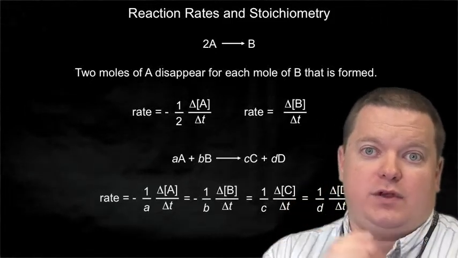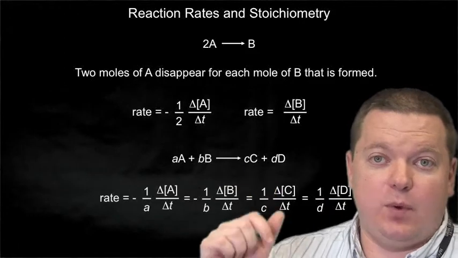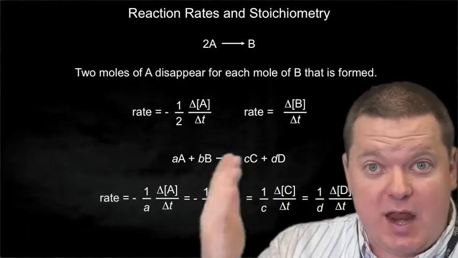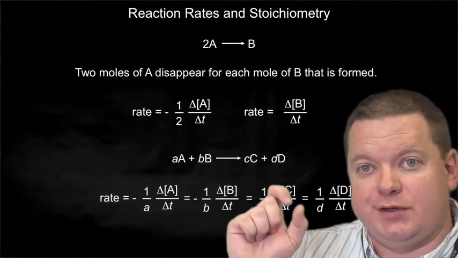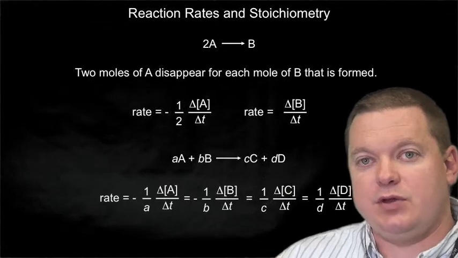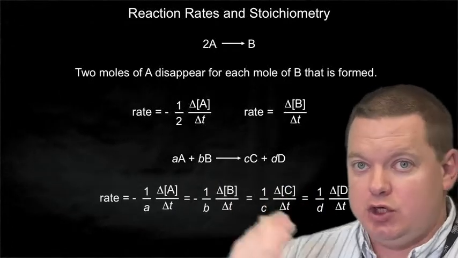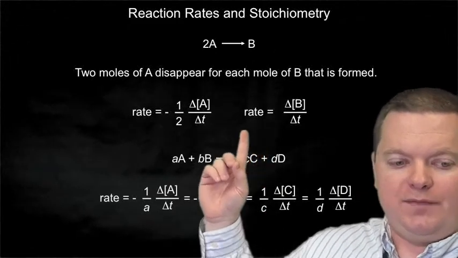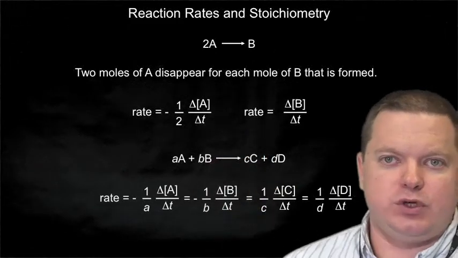The rate that's occurring is going to be negative 1/2 the change in concentration of A over the change in time. That same rate is going to be equal to the change in concentration of B divided by the change in time. So that stoichiometric relationship, just like we converted before, is a molar ratio here: 1 mole of B for 2 moles of A.